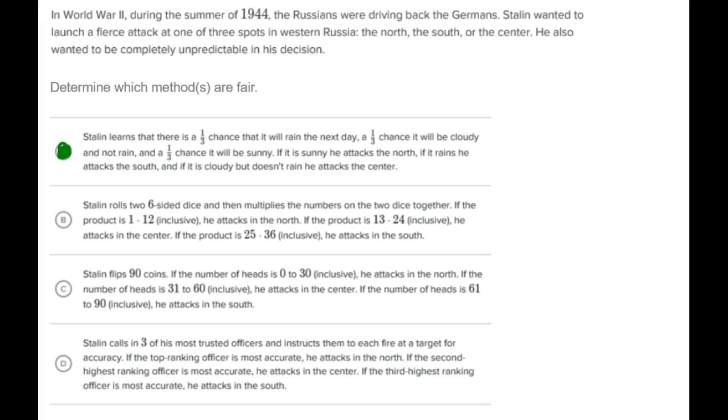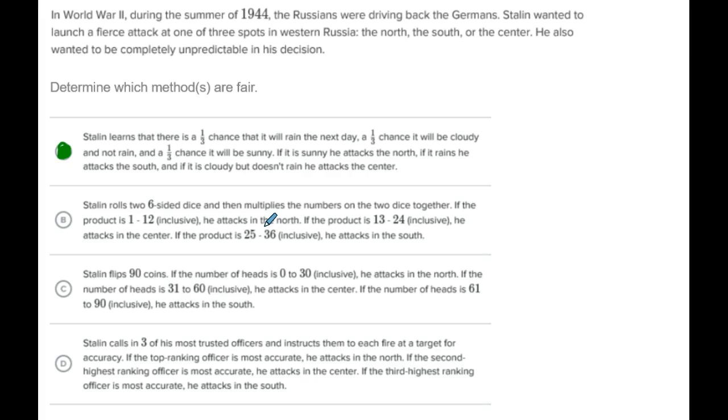For method B, Stalin rolls 2 six-sided dice and then multiplies the numbers on the 2 dice together. If the product is 1 through 12 inclusive, he attacks the north. If the product is 13 through 24 inclusive, he attacks the center. If the product is 25 through 36 inclusive, he attacks the south. This method is not going to be fair because there is not going to be the same number of results in each of these categories.